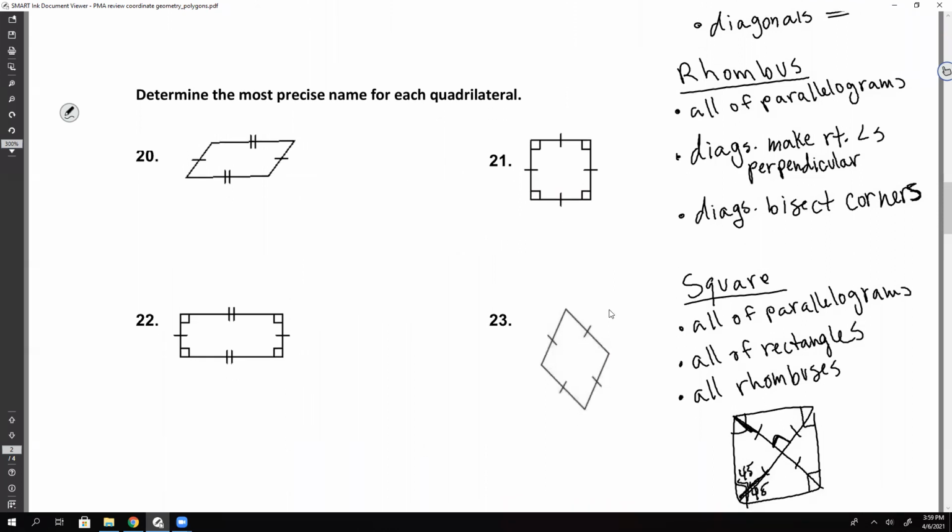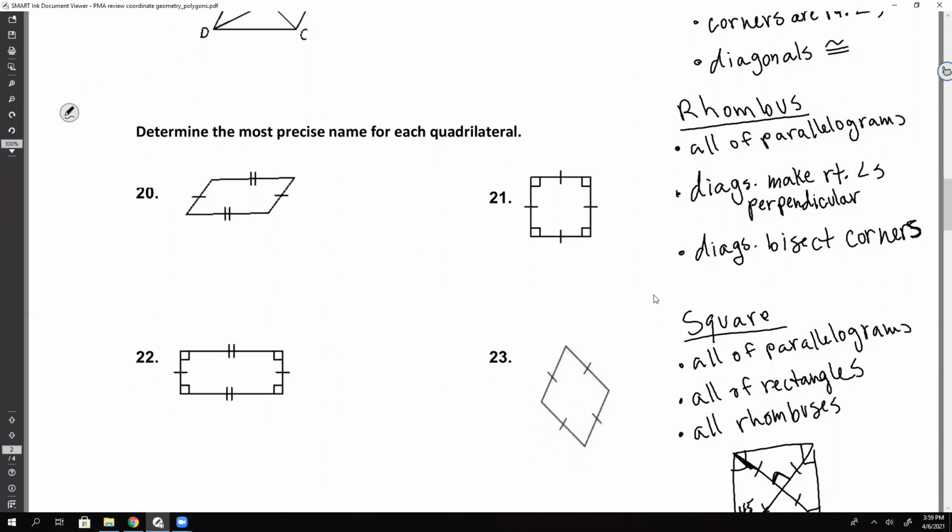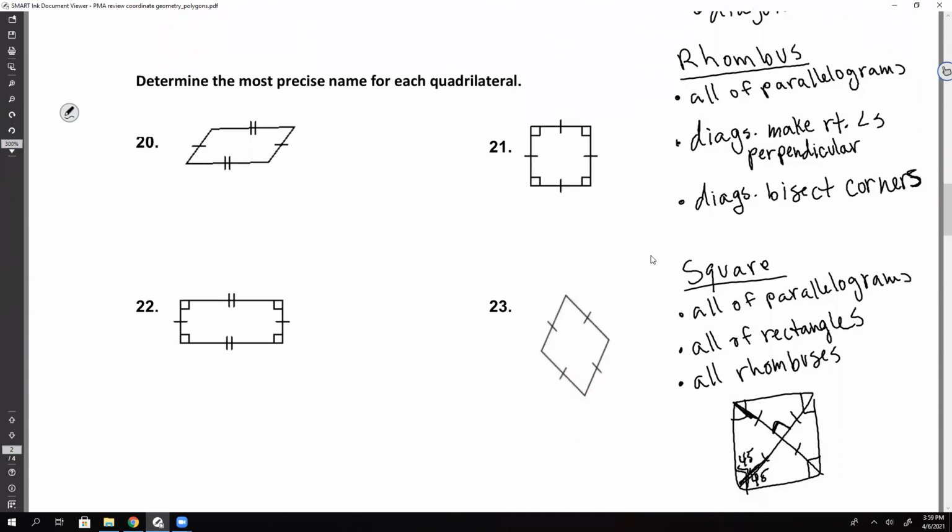Now on 20, I need to redo the numbering here. Sorry about that. On this next set, it says determine the most precise name. So you're going to need to look at all the little things that we wrote down and see what it matches. So number 20 here, all we see is that both pairs of our opposite sides are congruent.